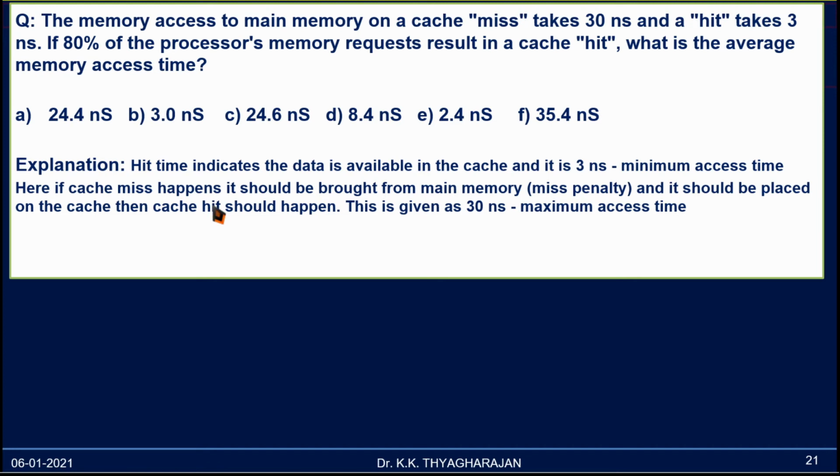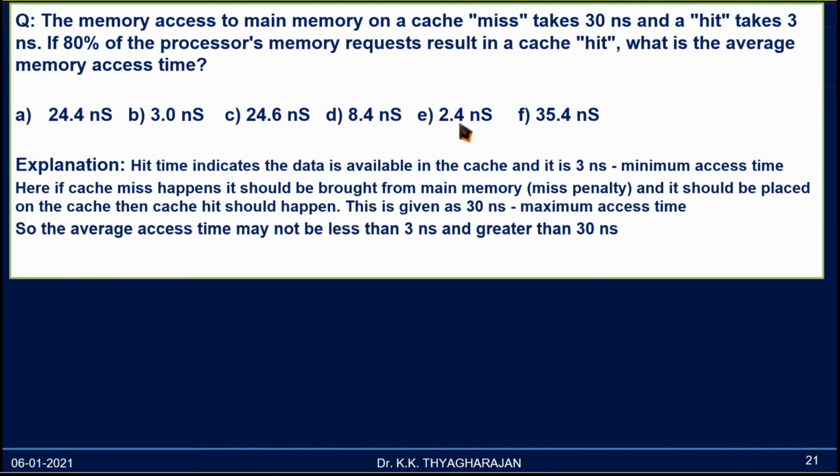So in that case, the data should be brought from the main memory. So the total time required to get the data includes the time taken to get the data from the main memory. So it takes maximum time. That time is given as 30 nanoseconds. So the minimum time required to retrieve a data is 3 nanoseconds and maximum is 30 nanoseconds.